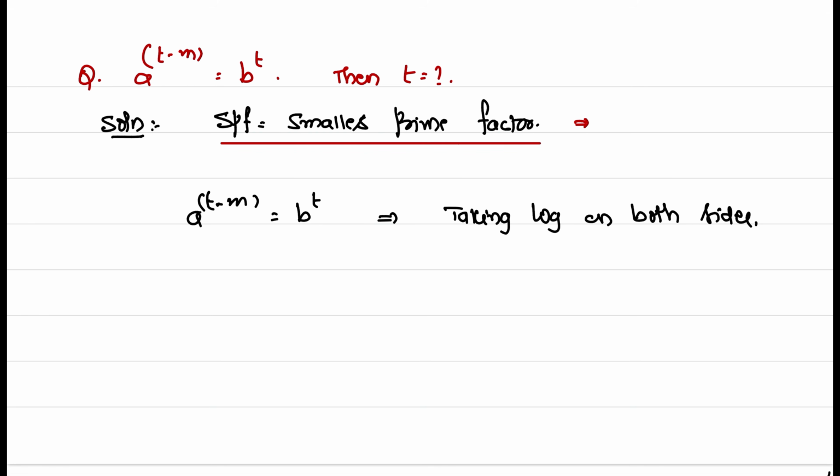If values are given, we can go for the base. Then t minus m into log a is equal to t into log b. Do you agree?